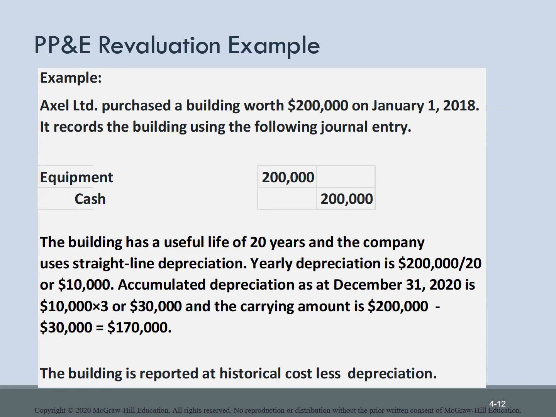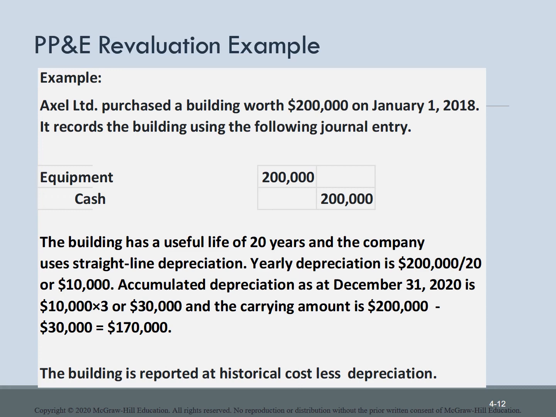All right, so we bought the asset on January 1, 2018. We would record depreciation annually, 2018, 2019, 2020, $10,000 a year. So at December 31, 2020, at the end of the asset's third year of its useful life, accumulated depreciation is going to be $30,000, and the carrying value is going to be $200,000 minus $30,000, which is $170,000.